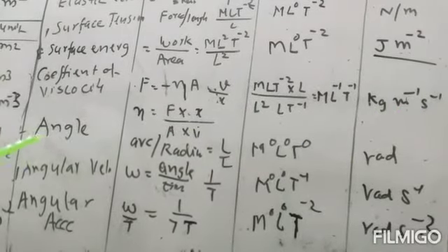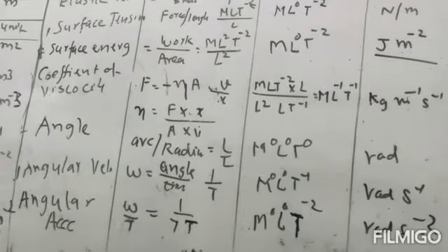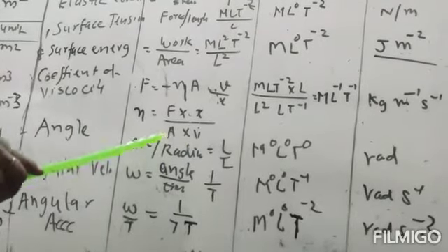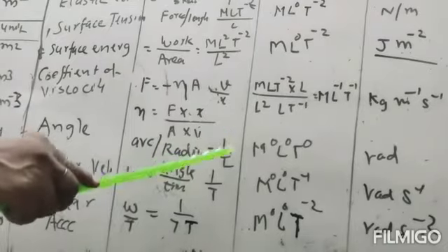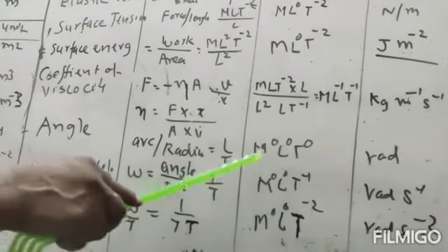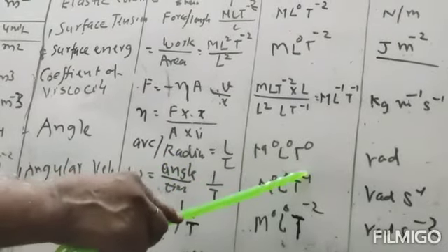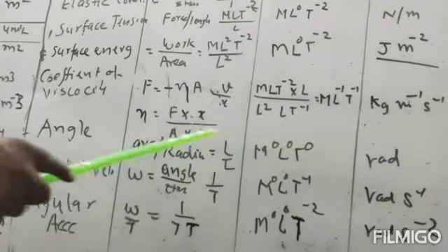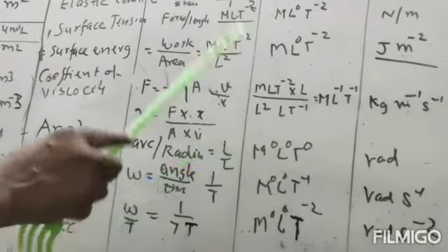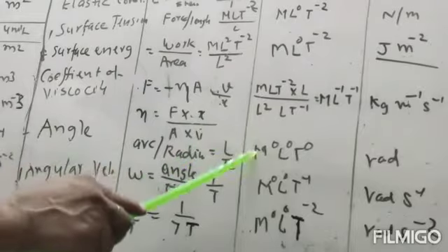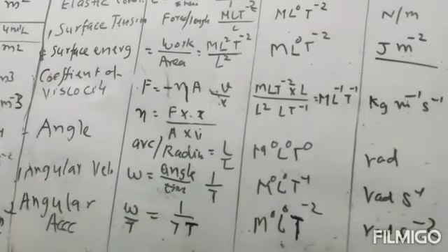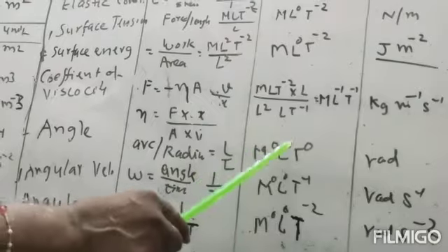Now angle. Angle is arc divided by radius. Arc is measured in length and radius is measured in length. L and L will divide. So it will be equal to M^0 L^0 T^0. But we know that from the SI unit, it does not have any M, L and T, these dimensions are all 0, 0, 0.